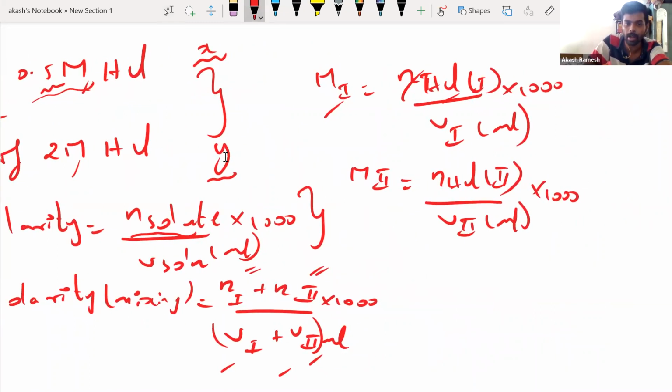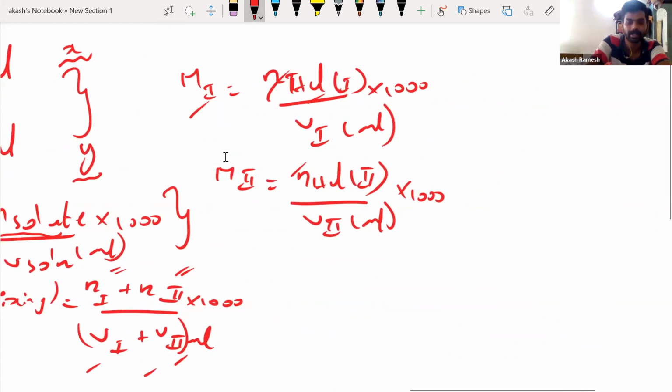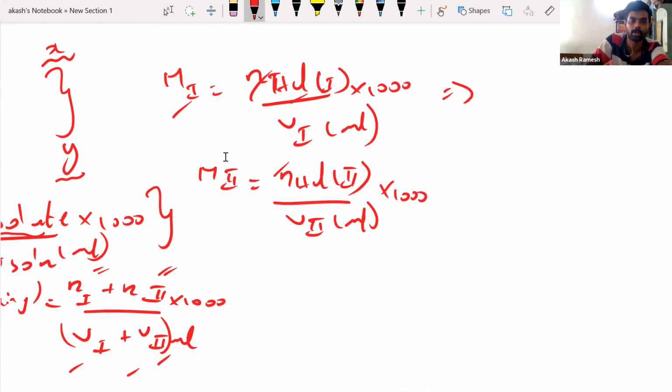The number of moles of HCl in 1 and the number of moles of HCl in 2 can be calculated very easily. How do I calculate that? The number of moles of HCl in 1 would be the molarity of 1 into the volume of the first solution divided by 1000.